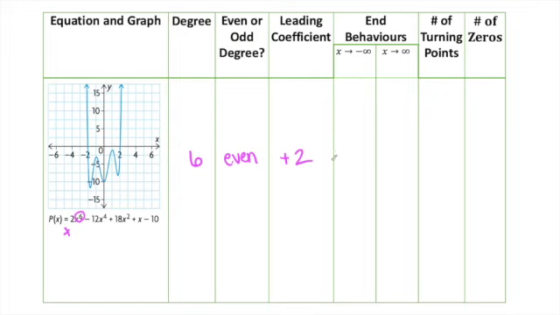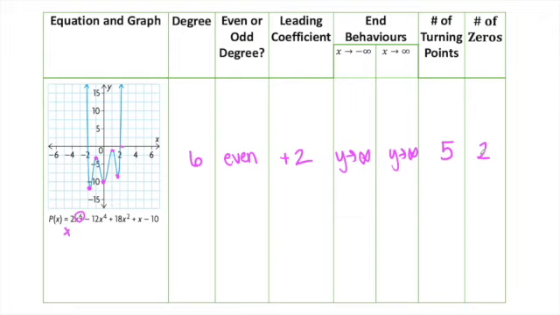Our end behaviors again are the same as that last graph because they're both pointing up. So x approaching negative infinity, y is approaching positive. X approaches positive, y is approaching positive as well. Number of turning points, 1, 2, 3, 4, 5. And then the number of zeros is only 1, 2 there.